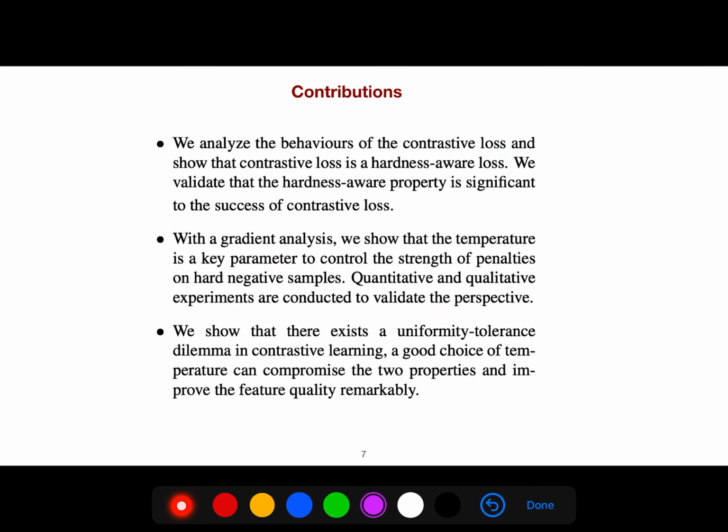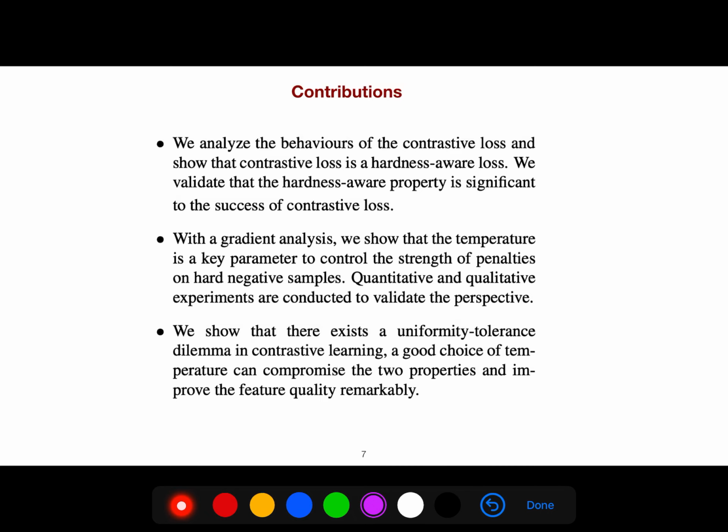The contributions of this paper are that they analyze the behavior of contrastive loss and show that it is a hardness-aware loss. They validate that the hardness-aware property is significant to the success of contrastive loss. With a gradient analysis, they show that the temperature is a key parameter to control the strength of penalties on hard negative samples.